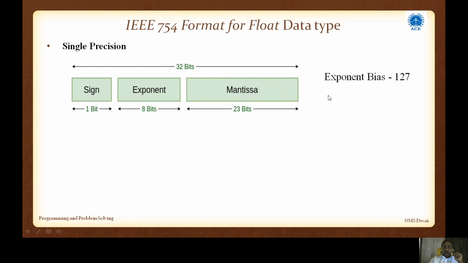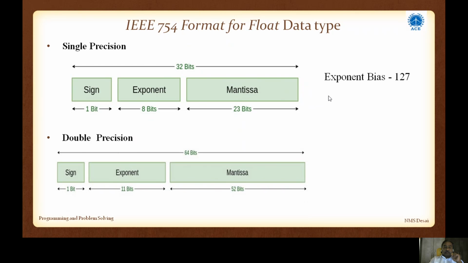Right. Now, we'll take double precision. How many bits are allocated? 64 bits are allocated for double precision. Of these 64 bits, again, 1 bit is for the sign of the number, and then the exponent. The exponent is allocated 11 bits. 1 bit, the most significant bit, goes for bias purposes.